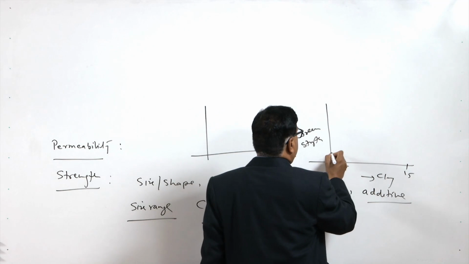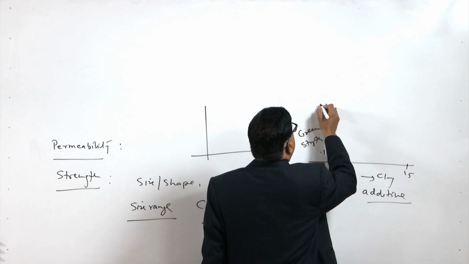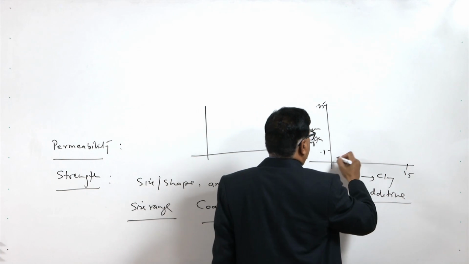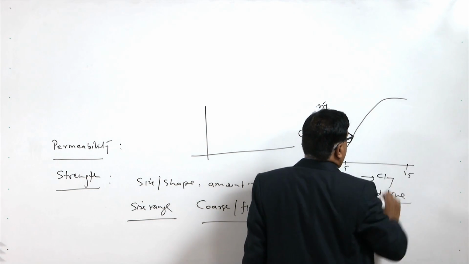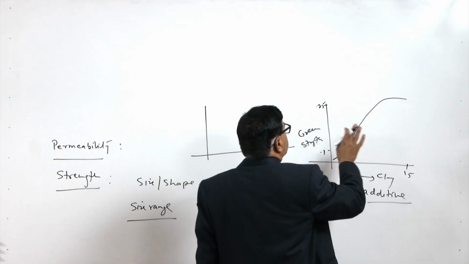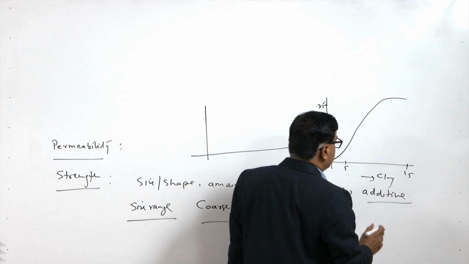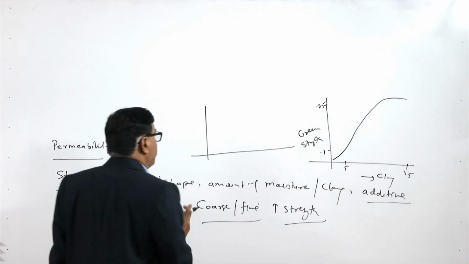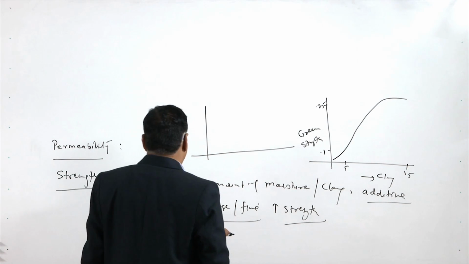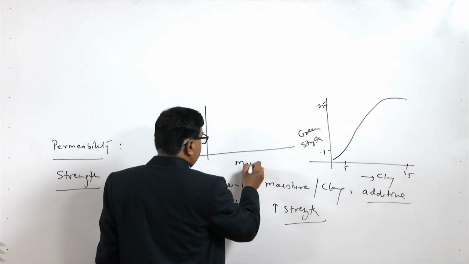So, the green strength changes like say 0.1 to 0.25. Here it increases rapidly and then it becomes stable. So, this is what we can see, increase in amount of the clay actually increases the green strength because of the increased bonding between the powder particles.